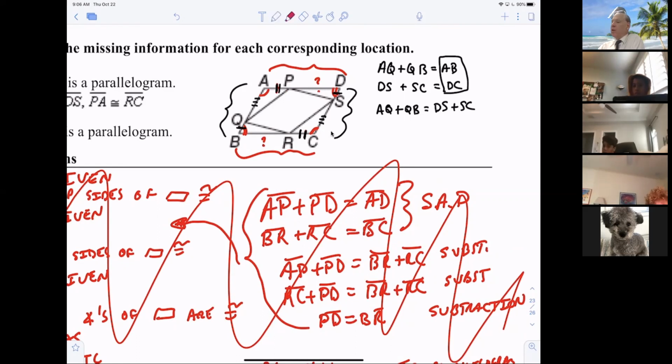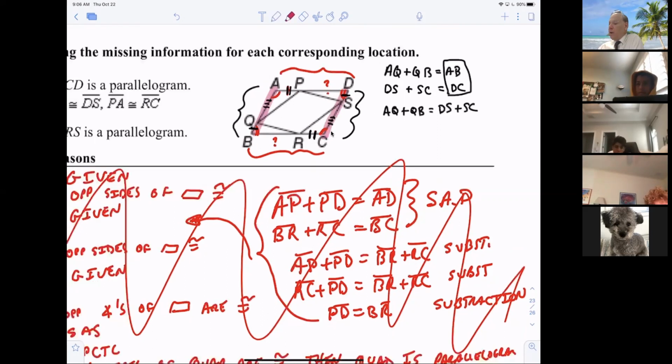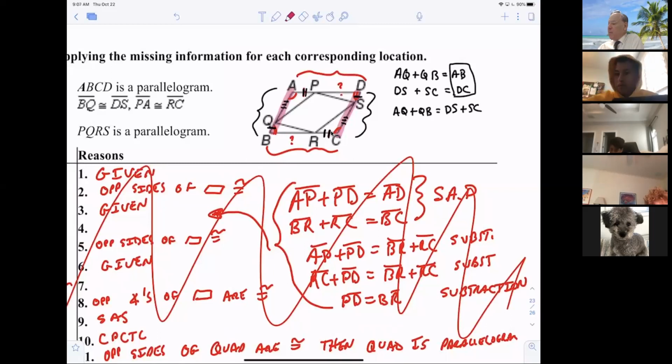Make sure you're hearing me. I think this is a good proof. This is congruent to this, right? Now it says that BQ is equal to DS, so I'm going to replace BQ with DS. So AQ plus DS equals DS plus SC.